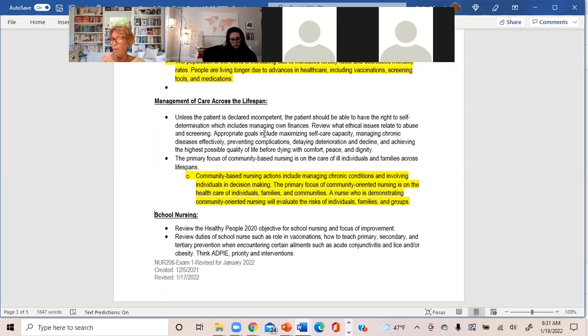What if you have an adult child that moves in with them and says, don't worry, I'll take care of all the financing? Well, might that raise a red flag if they're deemed competent? I mean, you just don't know what people's intentions are. Does that make sense? And that's part of your assessment, your family assessment.